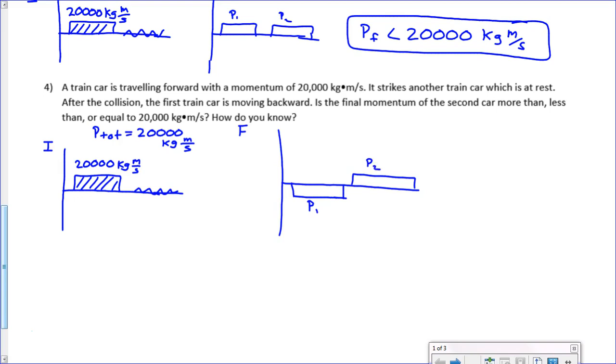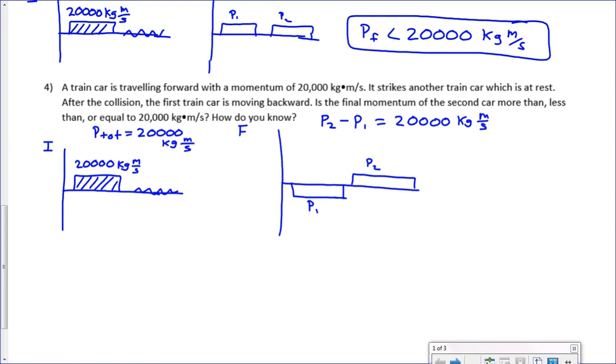What we know, since P1 is in the negative direction, is that P2 minus P1 equals 20,000 kilogram meters per second. So in this one, you're taking the difference rather than the sum, as in the other one. If the second momentum minus something equals 20,000 kilogram meters per second, then it stands to reason that P2 is going to be more than 20,000.